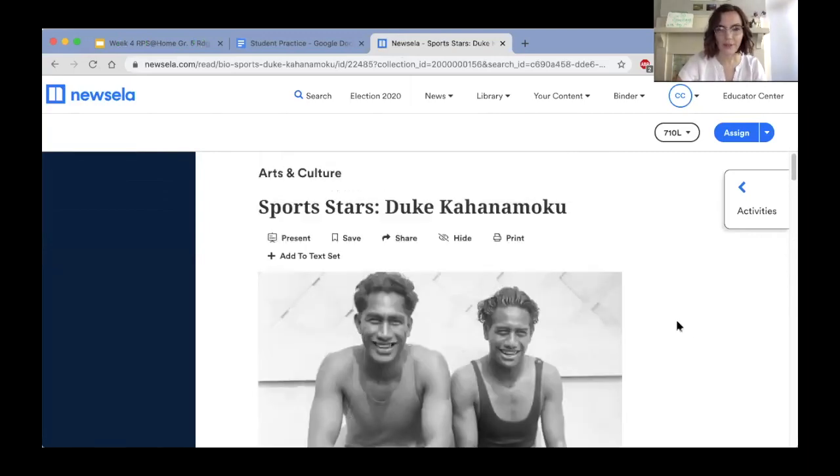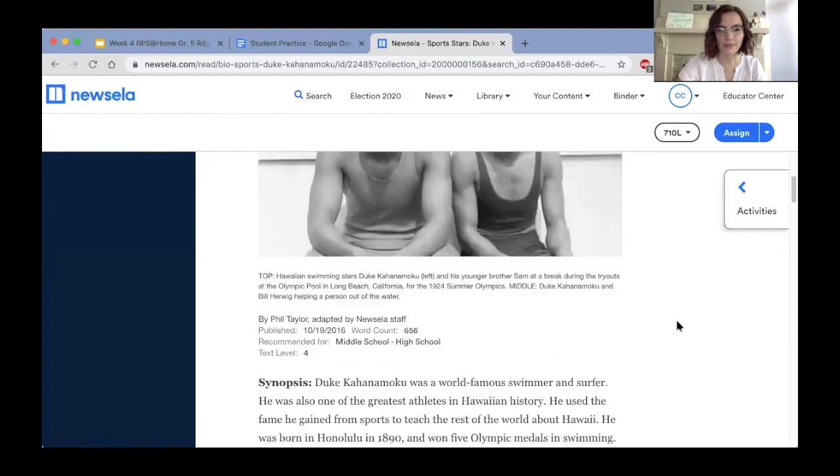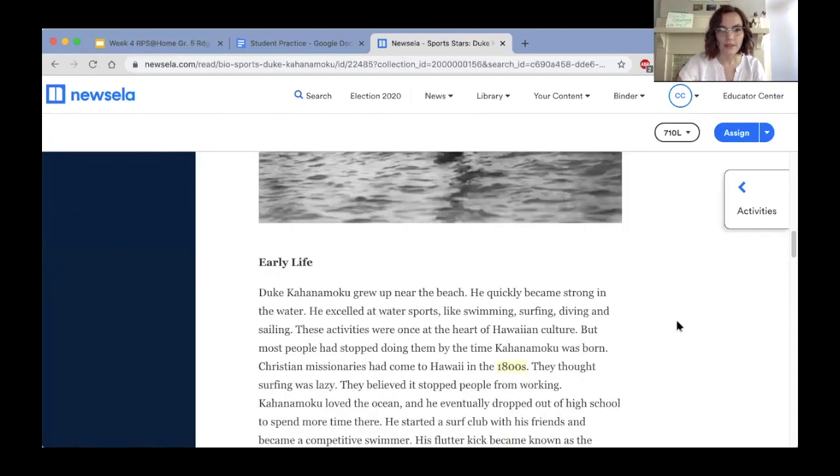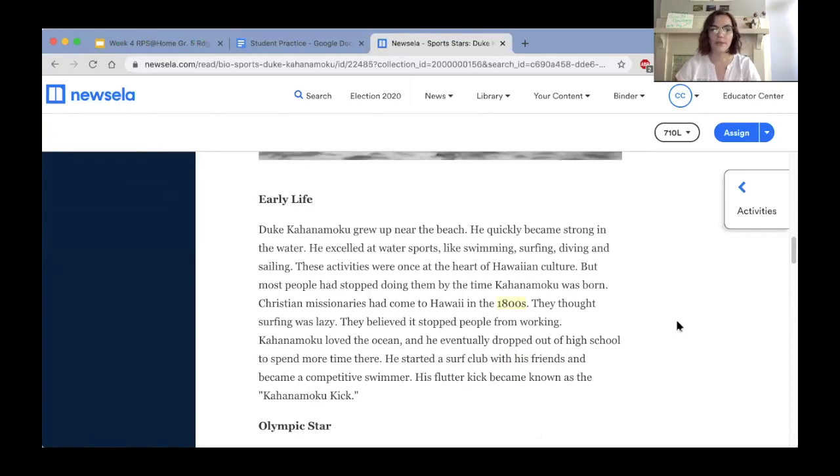Duke Kahanamoku. Duke Kahanamoku grew up near the beach. He quickly became strong in the water. He excelled at water sports like swimming, surfing, diving, and sailing. These activities were once at the heart of Hawaiian culture, but most people had stopped doing them by the time Kahanamoku was born.